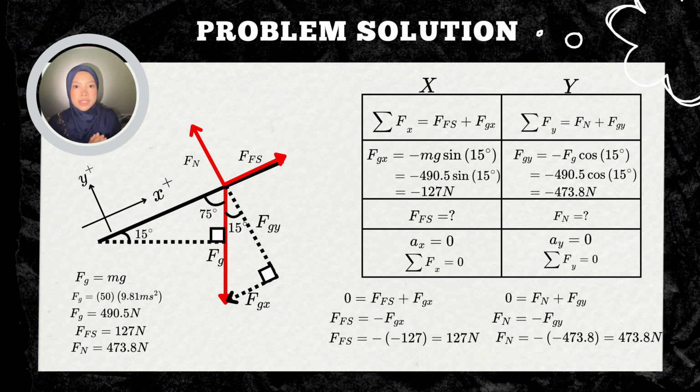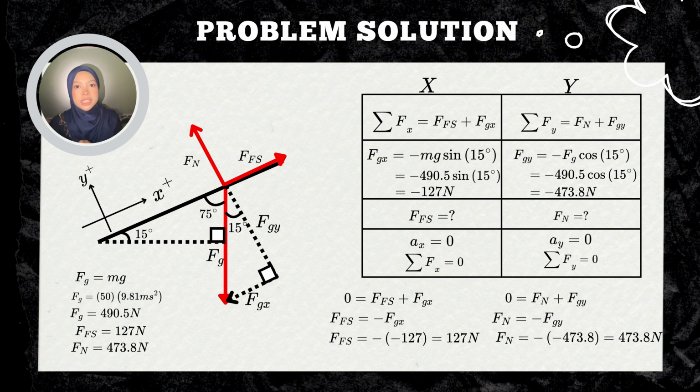Now let's look at the y direction, which is perpendicular to the ramp. Here we have Fgy, which is the component of gravity pushing into the ramp, and we have Fn, the ramp pushing back upward. To complete the calculation, we first need to find the value of Fgy. Since this is the adjacent side, we use cosine. Now we get Fgy equal to negative Fg cos 15 degrees.